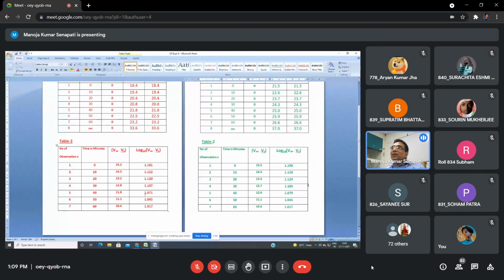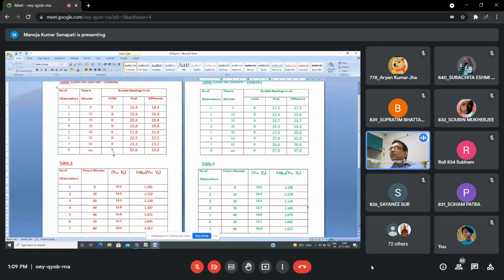You have taken so many observations, and out of all these, which observation is the most important? Can anybody tell me? You have taken 7 observations.